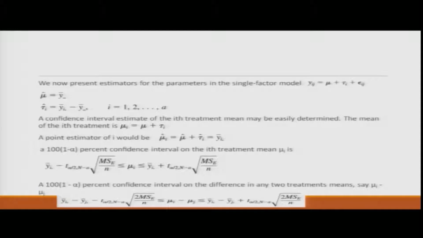We now present the estimators for the parameters in the single factor model. In the single factor model you have y_ij, where i is the treatment and j is the observation number. That equals the average mean, mu without any suffix, plus tau_i, the plus and minus variation in the positive or negative direction for the mean of any one treatment.